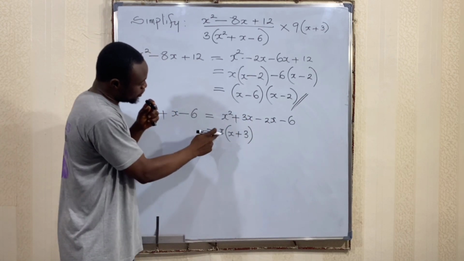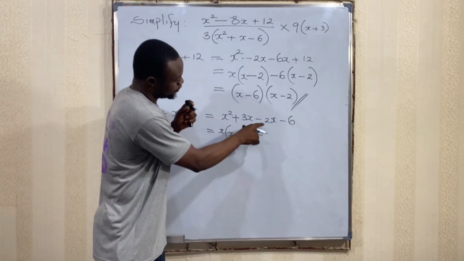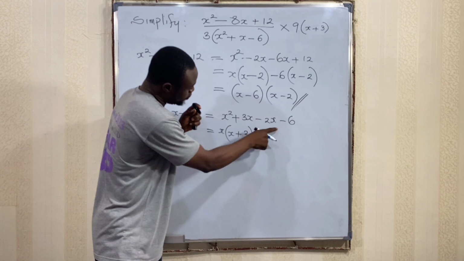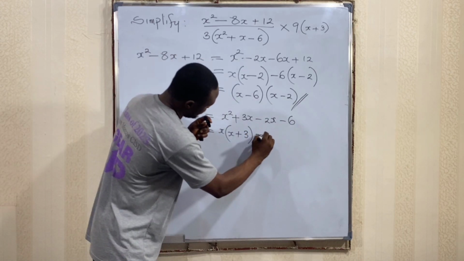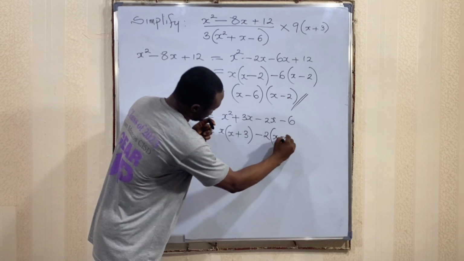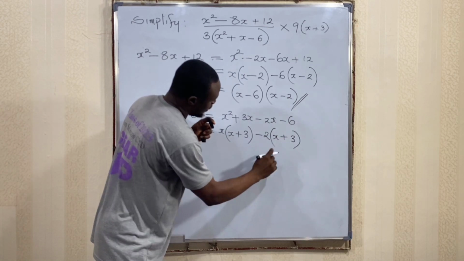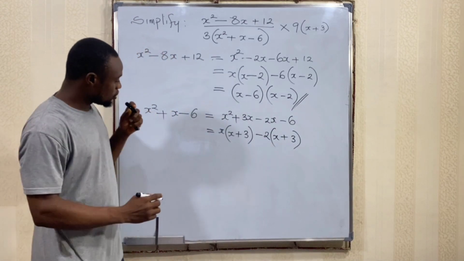Pull out one x here, you're left with just x. Now here, the term that is common is 2, because we have 2 in 6. So we have 2 here, open bracket, x plus 3. Now it is x plus 3 because if you open the brackets, you get x minus 3.